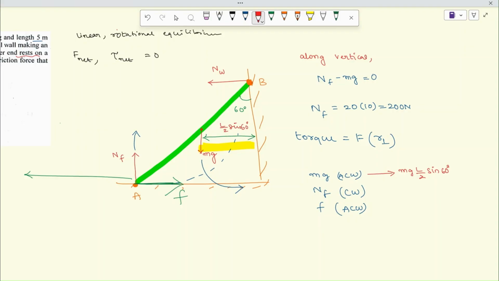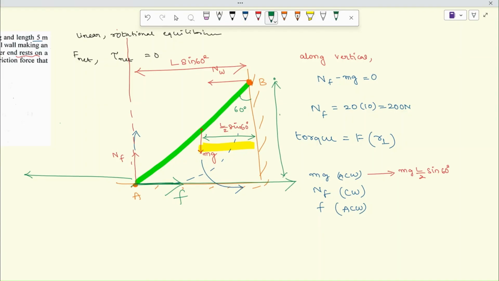Torque caused by the normal force of the floor, how much is that? You have to take this distance because force is going like this. You have to take the perpendicular distance, which is L into sine 60. Now what else is remaining? Frictional force. It is in this direction. So we have to take from the B to that point perpendicular distance. This one.